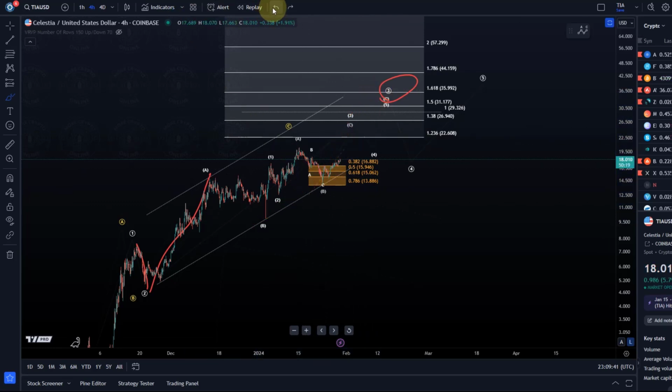Here I have to add a warning because also the wave C, it is not an impulse. So it is at best an ending diagonal. Now, if you have an overall diagonal pattern, you're in a third wave of a diagonal, and the C wave is not an impulse, it's an absolute mess. Doesn't mean it's bearish, but it means it's not clearly bullish.